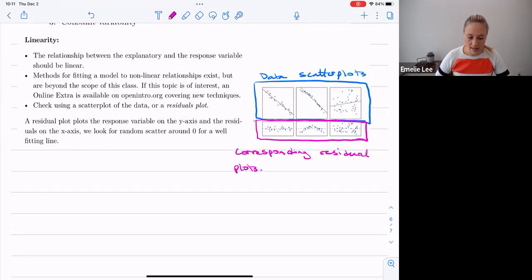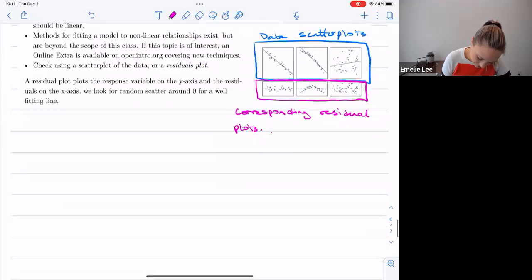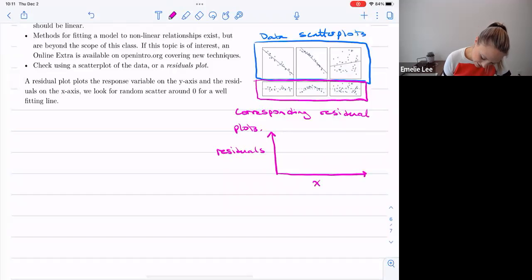Instead of having your response variable on the y-axis, you're actually going to have the residuals on the y-axis, and you're still going to have your explanatory variable on your x-axis.